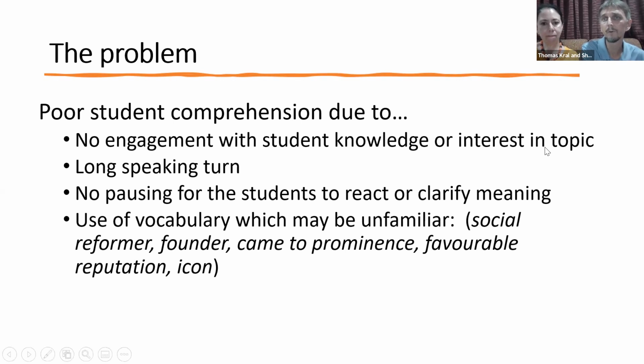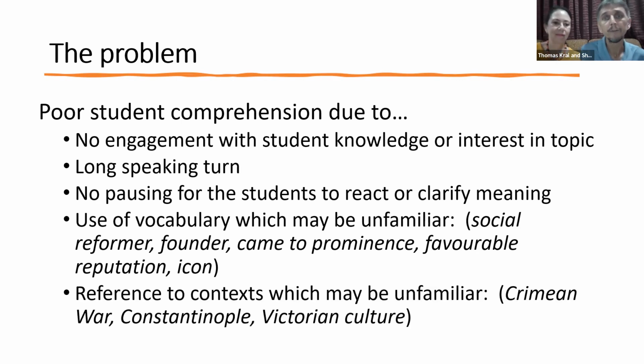And the vocabulary he uses may not be familiar to many students: a social reformer, a founder, she came to prominence, favorable reputation, icon. Not all of these terms are going to be familiar to students. And finally, the reference to some contexts may be unfamiliar.